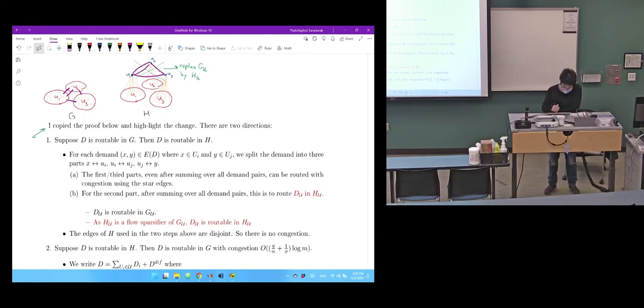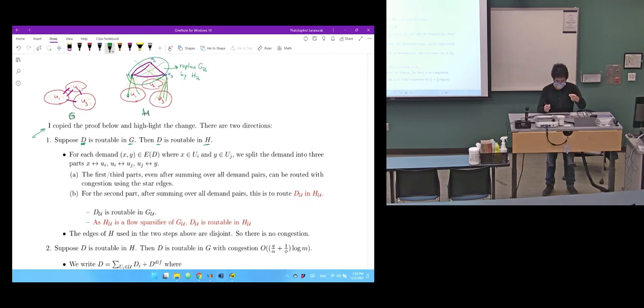Okay, if D is routable in G, then D is routable in H. The proof is almost the same. If you have some routable flow in G, and you want to route in H, just do like before. You put everything up to the root, and now you don't have GU, you have SU.